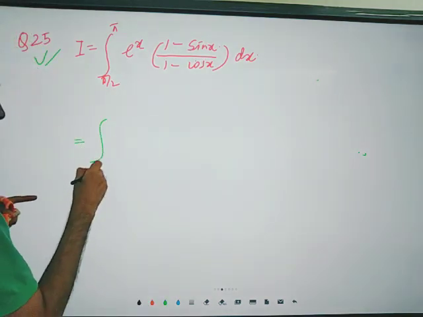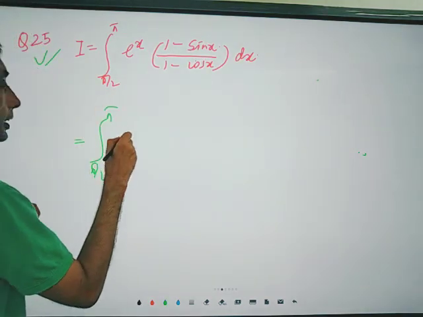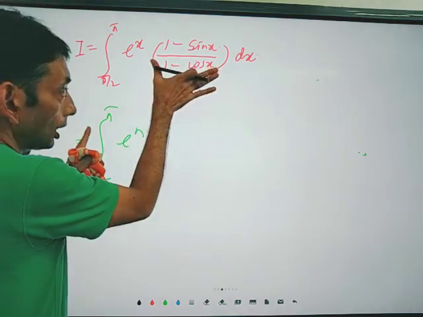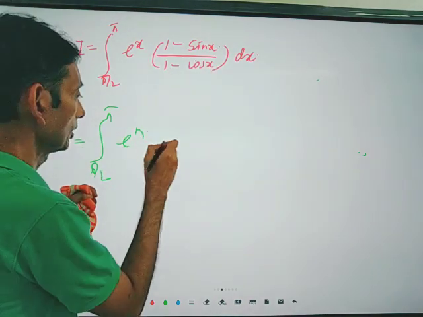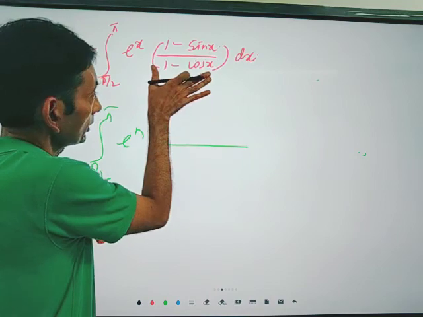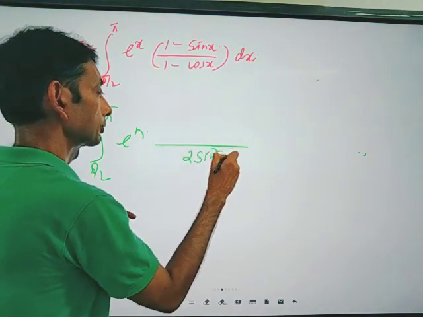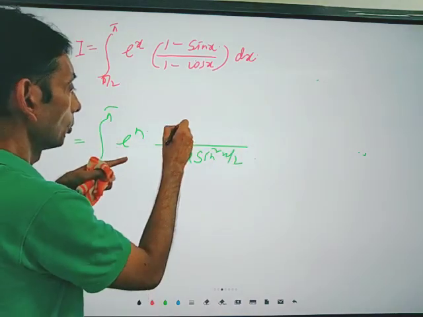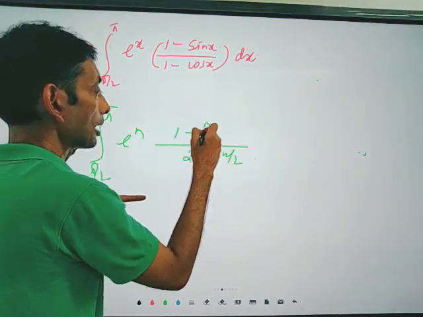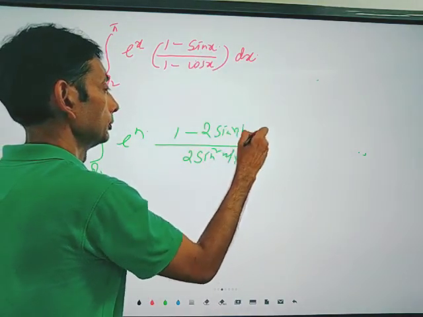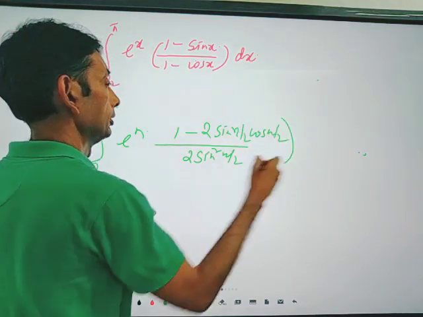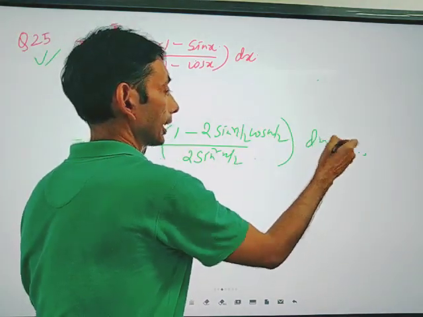So it's the integral from pi by 2 to pi of e to the power x. Fine. We need to work on this. We'll just simplify this. We know that 1 minus cos x can be written as 2 sin square x by 2, and sin x can be written as 2 sin x by 2 cos x by 2, and dx.